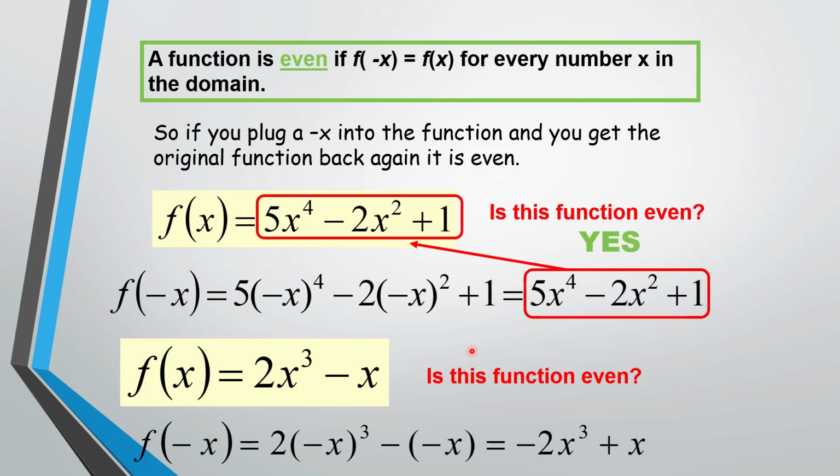This is called an even function, because if we substitute minus x, nothing changes in the function. If we check another function and put minus x, we see that the answer is changed, and the parent function is not in the result. So this is not an even function.